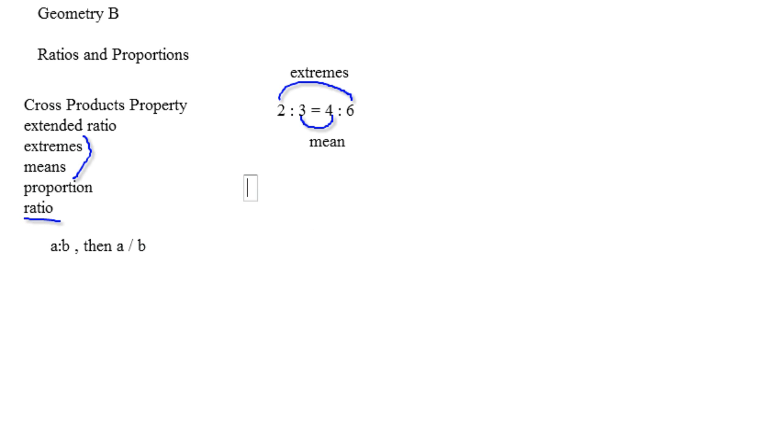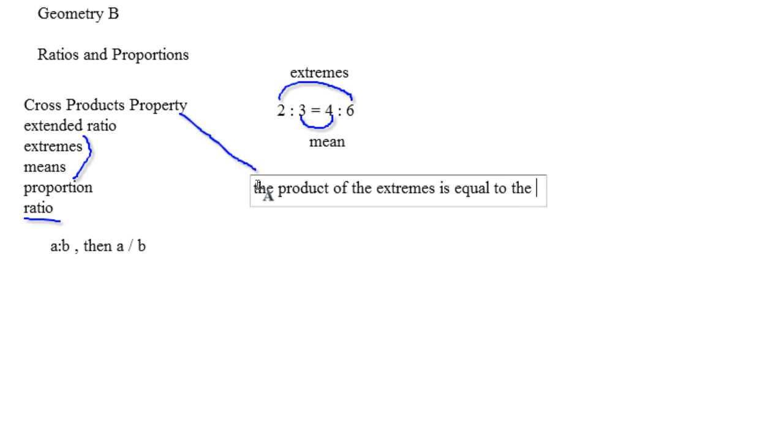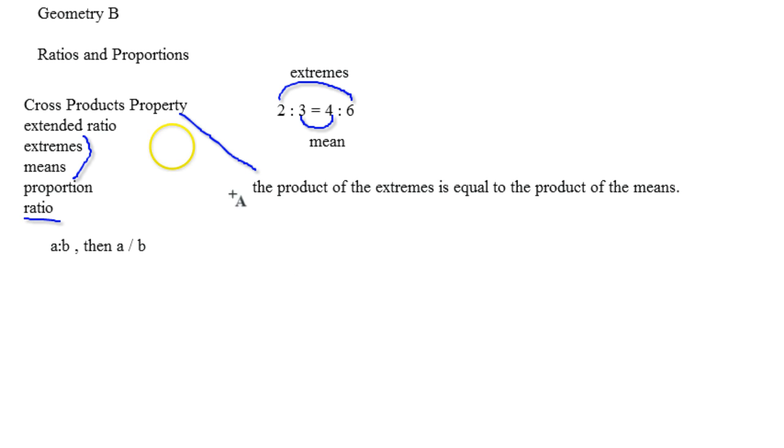It actually explains the cross product property. So the product of the extremes is equal to the product of the means. Later on we'll learn a little bit about a thing called a geometric mean, but for right now just the cross product is right there.